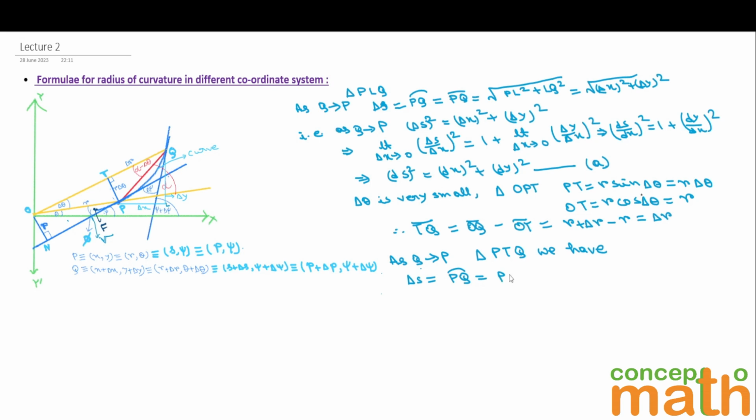This will be equal to the linear distance PQ if Q is very close enough to P, and by Pythagoras theorem it will be equal to PT square plus TQ square, which further turns out to be PT is r delta theta whole square plus TQ is delta r whole square.